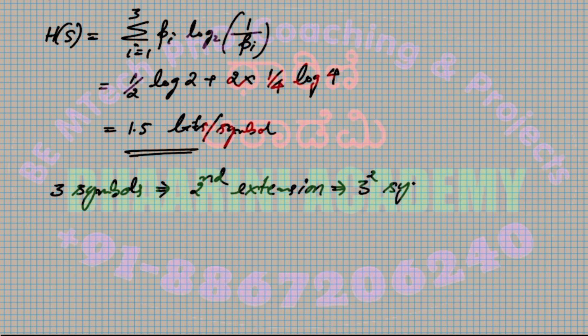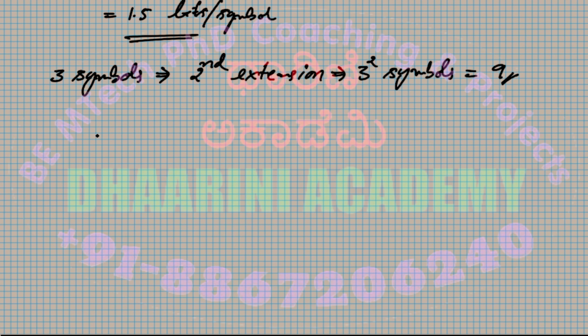This is how you calculate. So 3 square is 9. I have 9 different possibilities. So let's calculate, right? Probability of S1 S1: S1 is 1 combination, so probability of S1 is half, into S1 half, so that is 1 by 4. Is it okay?